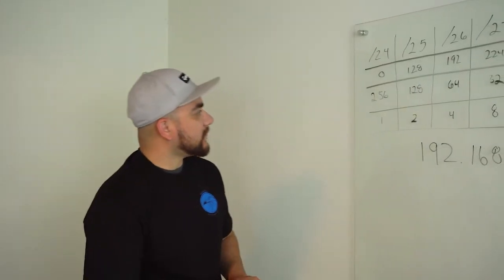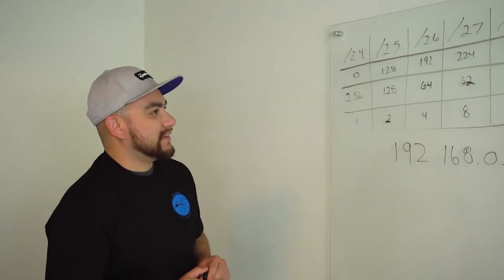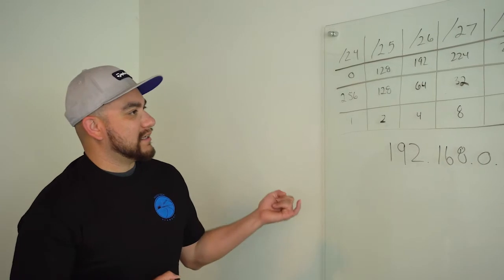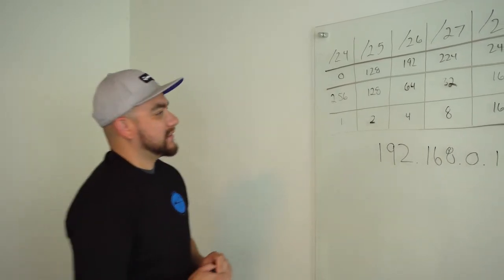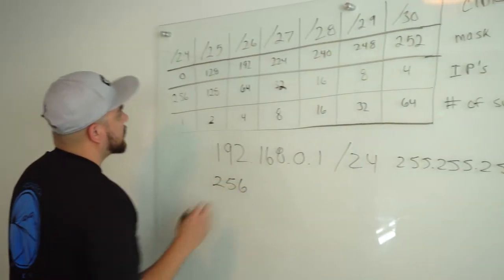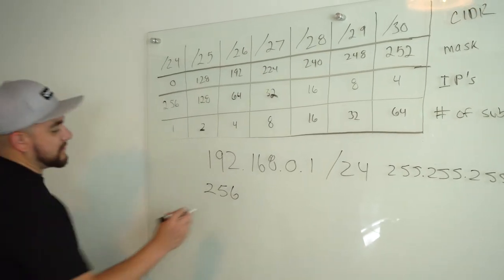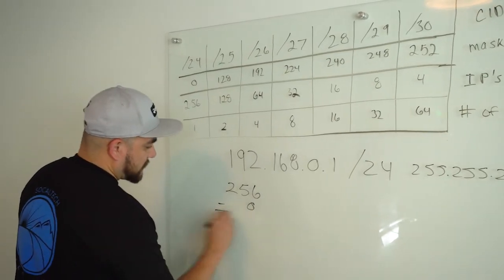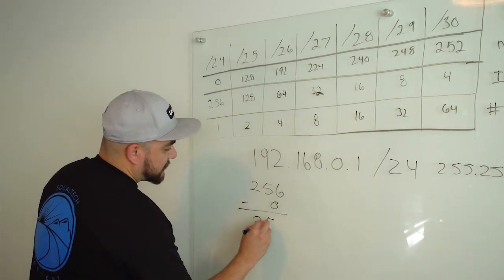So the easy steps I do in order to identify how many subnets, how many IPs and usable IPs we have: I get 256 and I subtract from it our subnet mask value, .0. I get 256.